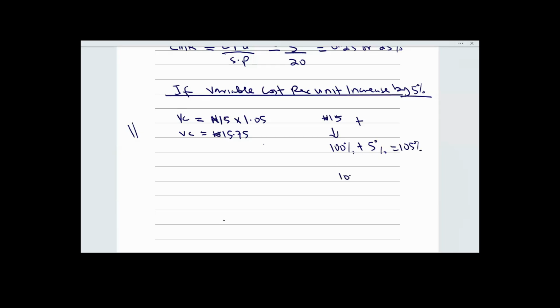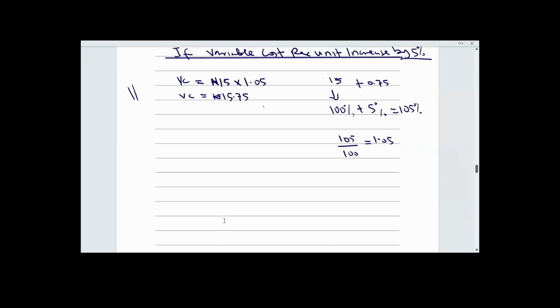Therefore, 105% is the same thing as 105 divided by 100, which is 1.05. So 15 naira is the 100%. The 0.75 is the increment of 5%. So when you add the two together, that's what gave us the 15.75.